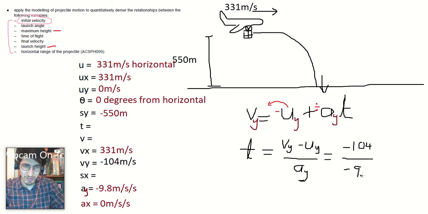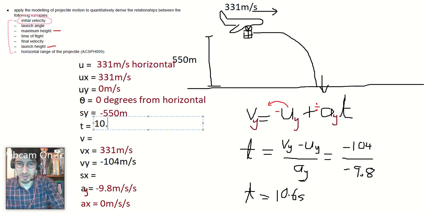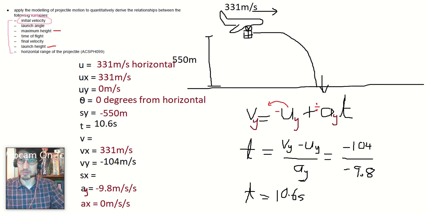You can see if we're not consistent with our negatives here, we'd end up with a negative time, which would not be correct. So our time, if we calculate that, is 10.6 seconds. Always putting units into these things. Time over here, 10.6 seconds. Okay, we are making some progress.